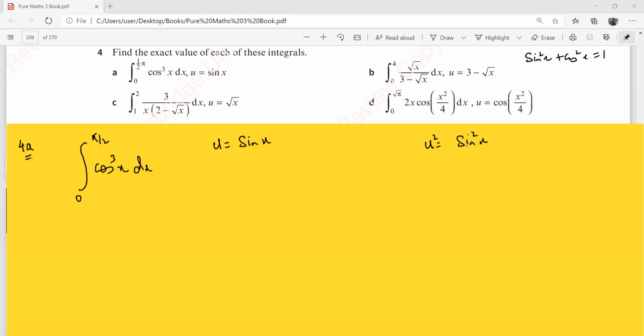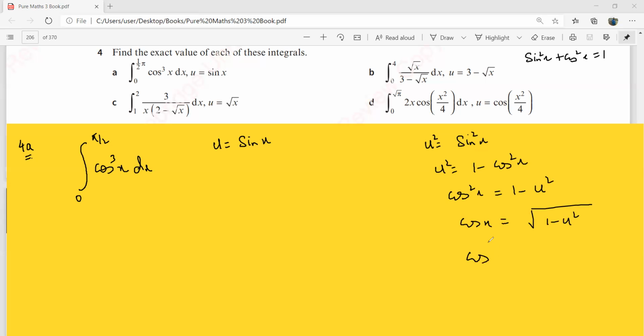So you can write u square as 1 minus cos square x, and then cos square x is going to be 1 minus u square, and then your cos x is going to be the square root of 1 minus u square.